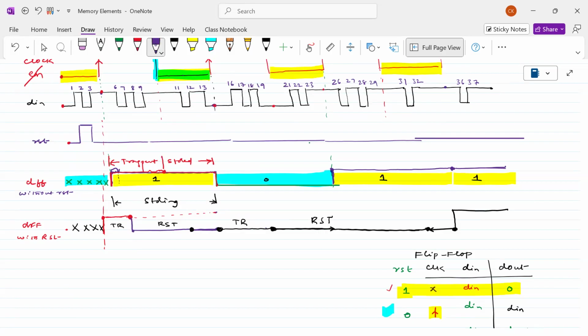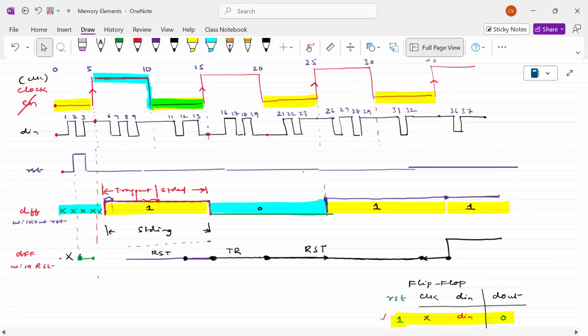Till this point, the output is unknown, and then this becomes 0 as long as RST is high.